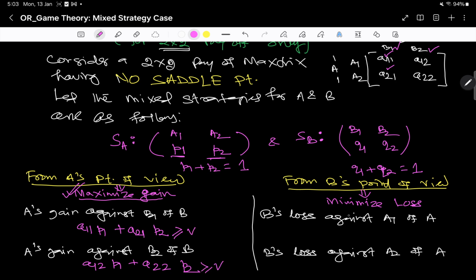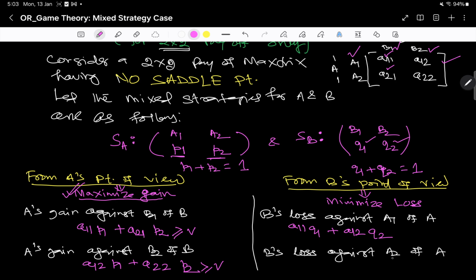Now from B's point of view, B has the mixed strategy Q1 and Q2. So against A1, coming to the first row, it will be A11 times Q1 plus A12 times Q2.